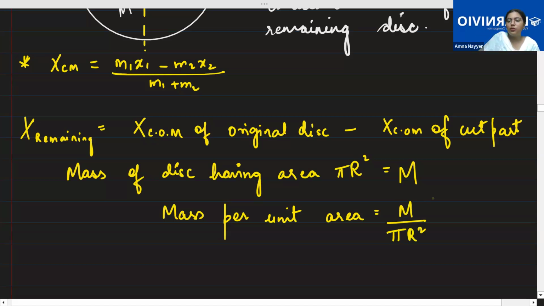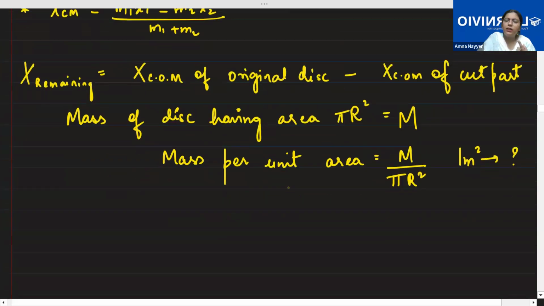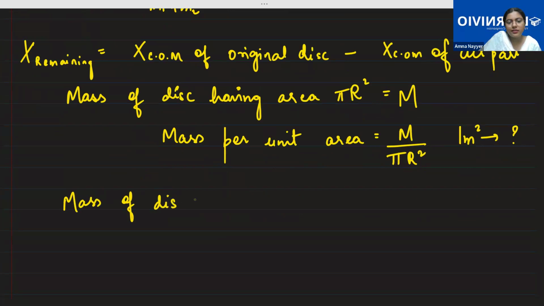Now for unit, in 1 meter square, what is the mass that you know? So in 2 meter square, it will be double. 3 meter square, triple. Now when you know it for 1 unit, you can calculate it for anything. So mass of the disk having area, now what area? The smaller one which has been taken out, whose radius is just r by 2.